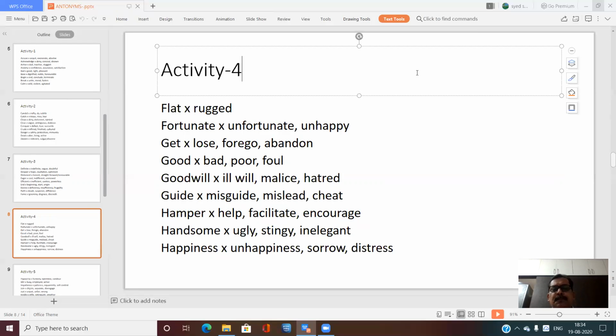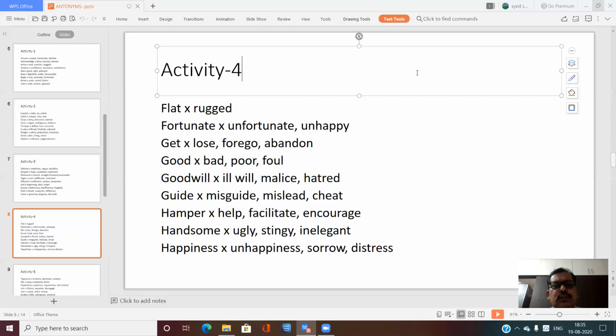Next, fortunate, opposite word: unfortunate. Misfortune is different. Unhappy, unlucky, you can say. Unlucky is also unfortunate. Get, opposite words: lose, forego, abandon, give up.